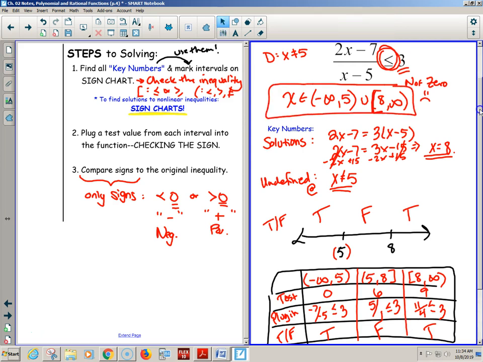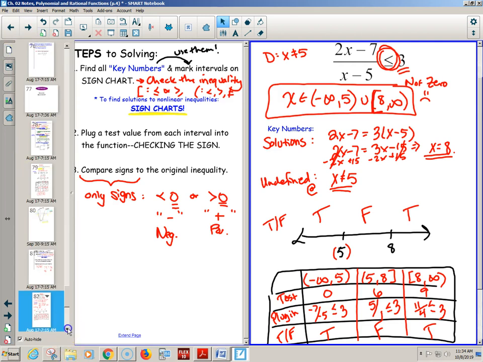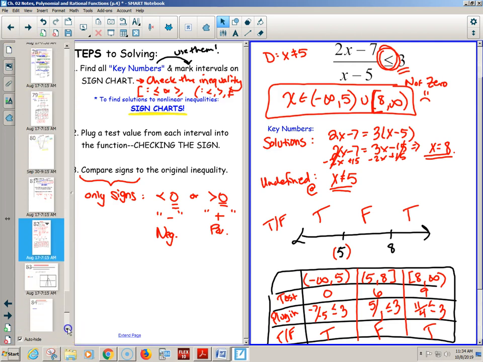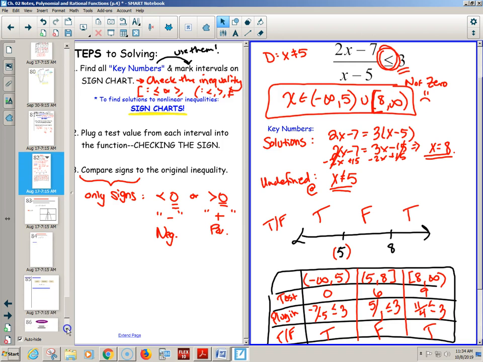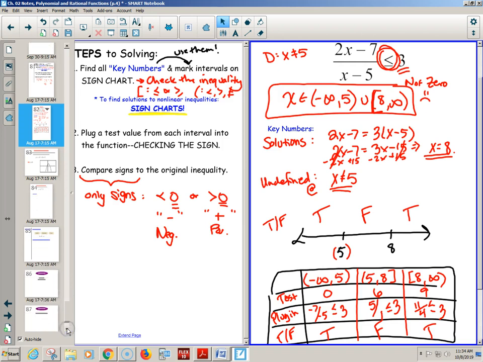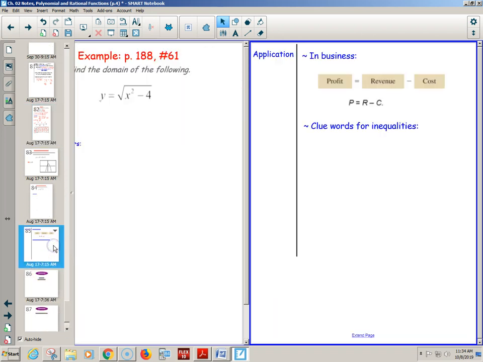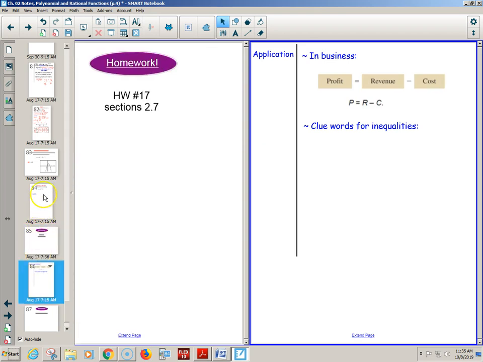Okay. With this, technically you guys are able to tackle homework. We haven't talked, no, we did talk about graphs. There's one businessy thingamabob we didn't look at, having to do with profit, revenue, and cost. It's not a big deal. It's not even on a test or anything crazy like that.